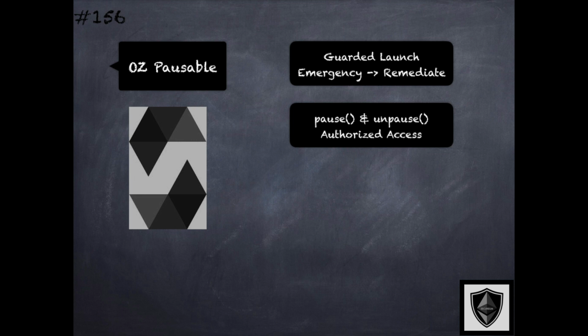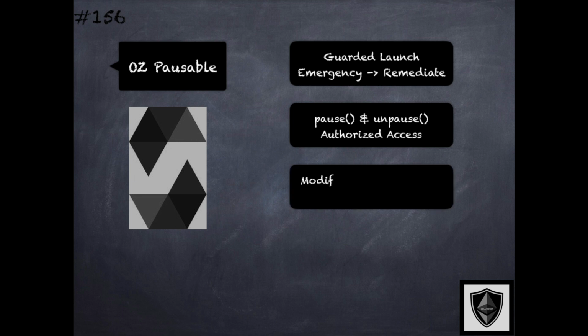And this is made possible using the pause and unpause functions that can be triggered by authorized accounts. So these functions allow the authorized accounts to pause the contract and unpause it at the desired times.